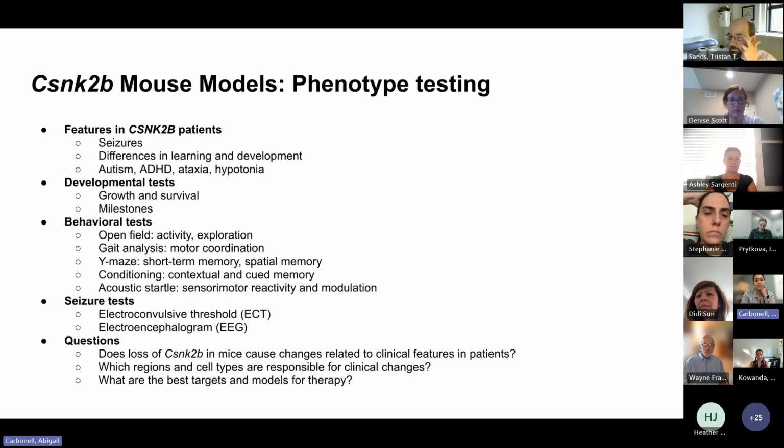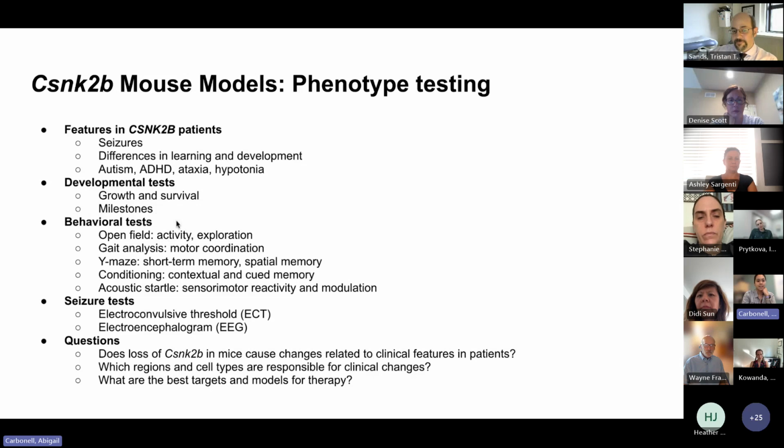So this is an overview of the types of testing we can do in these mice. Patients are not mice, but there are different big categories we can use to categorize the findings in our patients that we can test in mice. For example, in development, we can look at growth and survival. We can look at developmental milestones. I know that this has been a topic that's familiar to families, as development is tracked in kids and families over time.